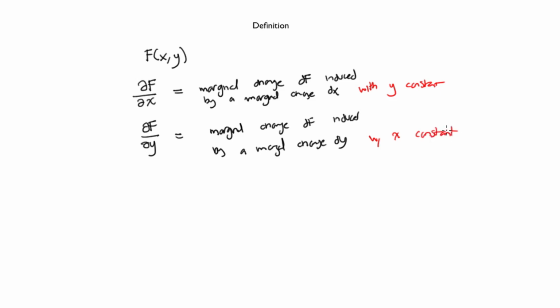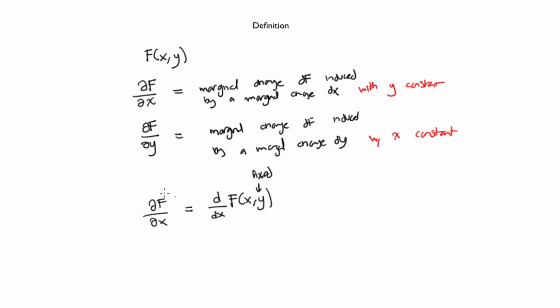Now, you can think, for practical purposes, of the partial of f with respect to x basically as the derivative with respect to x of a function of one variable, that is x, with y fixed.